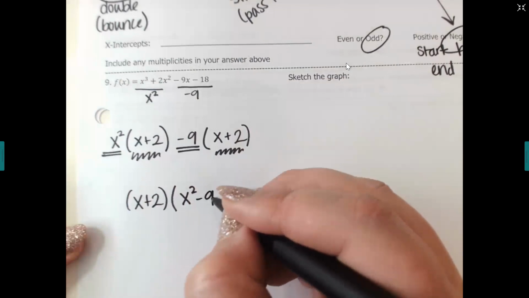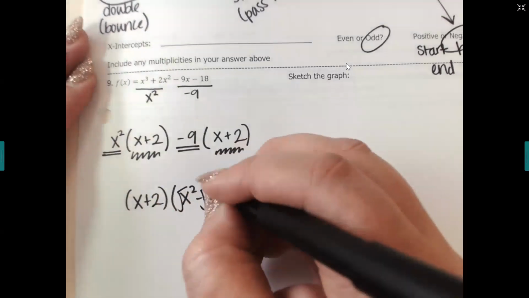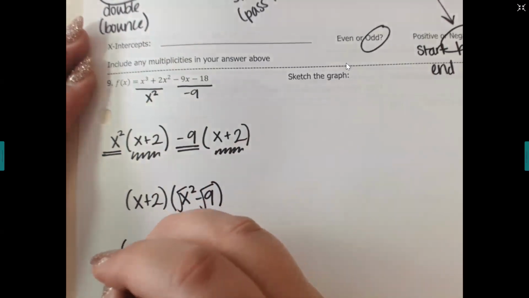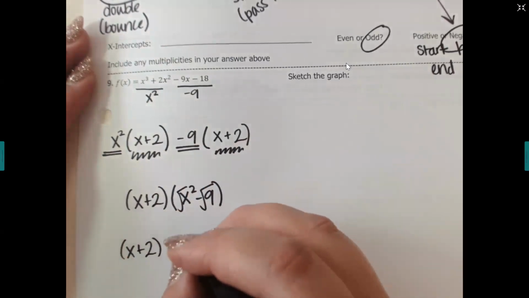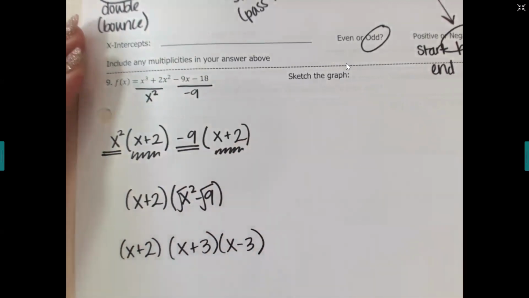And then remember that if it's an x squared with a minus, you can split that again. Does 9 happen to be a perfect square? Yes. What is 9 going to split into? Okay, remember it's plus or minus 3. So x plus 2 in the front, plus 3 and minus 3.